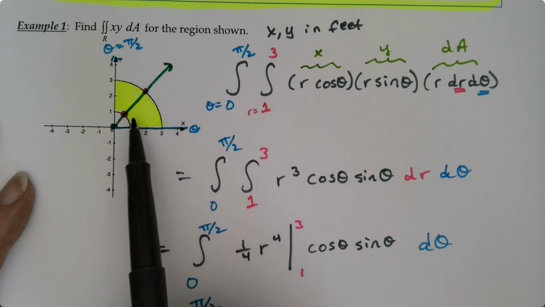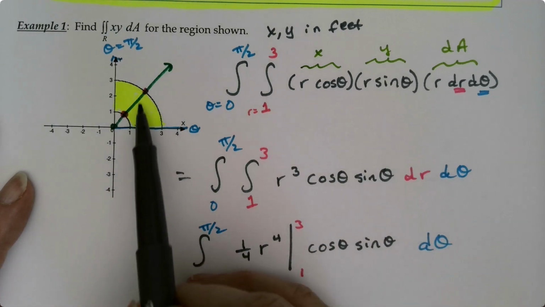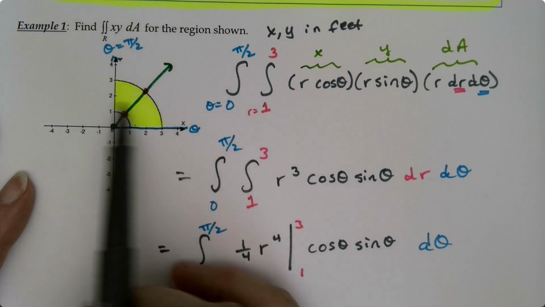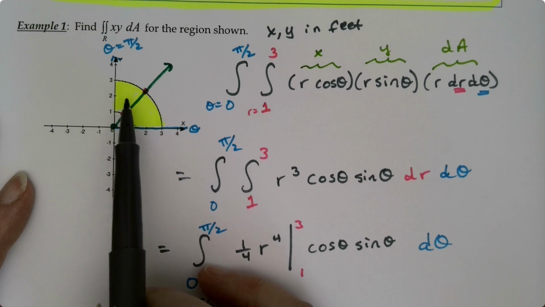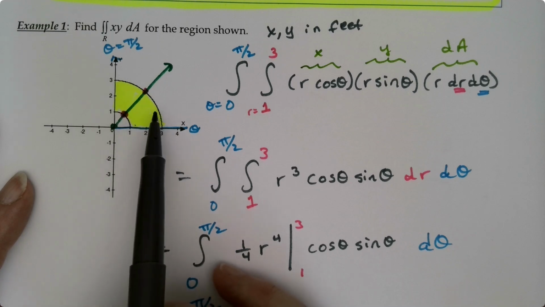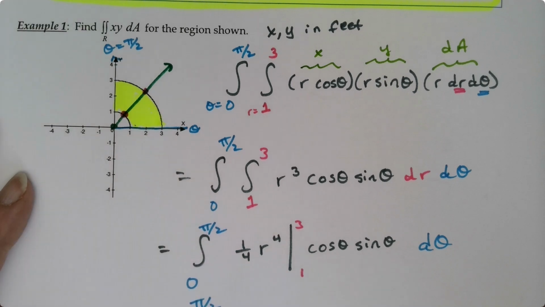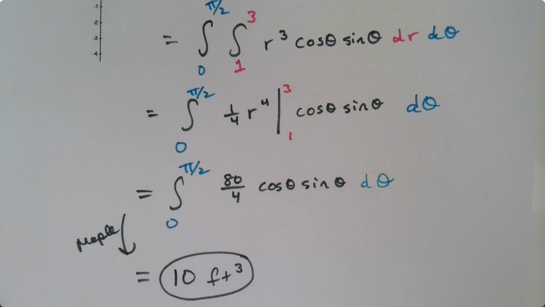That's why you're switching to polar, because polar is actually tons easier. It's a little bit more work on the front end, but if you tried to do vertical or horizontal rectangles, it would be a nightmare. You'd have to do double sets of double integrals for starters. It'd just be awful because the formulas are so terrible for circles. But in polar, it was a very easy integral to do. That's why we switched to polar.